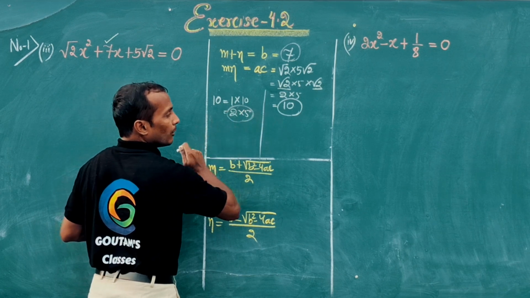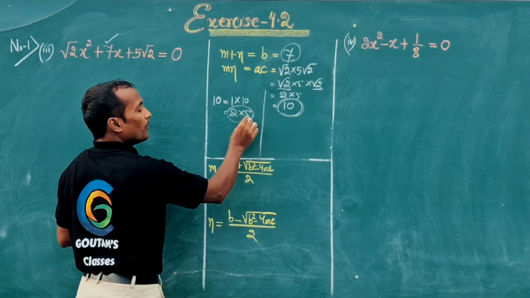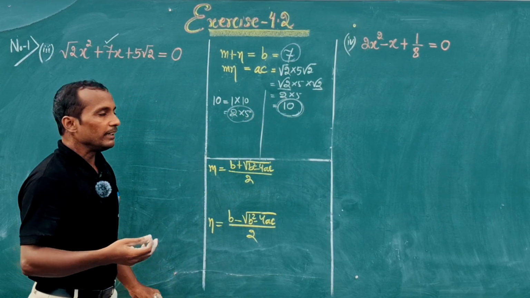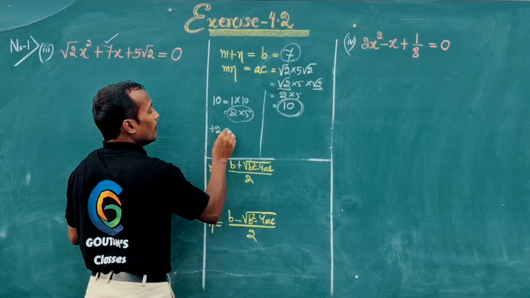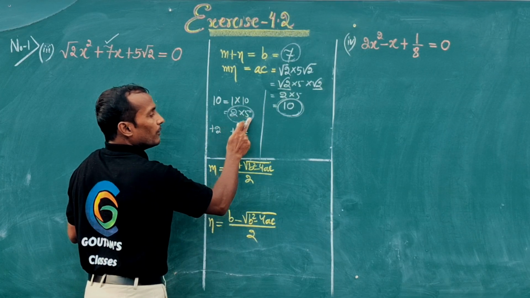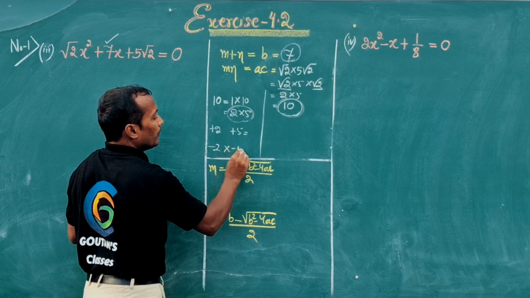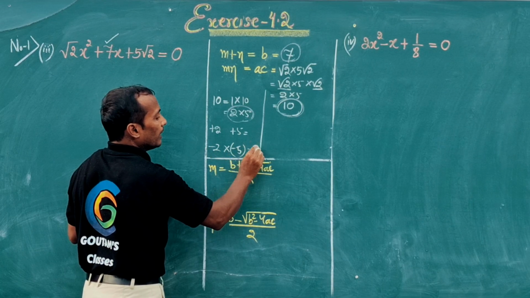Now, let's check for the signs. What is the sign of the product? Positive. So 2 and 5 can be both positive or both negative to give you the product 10.